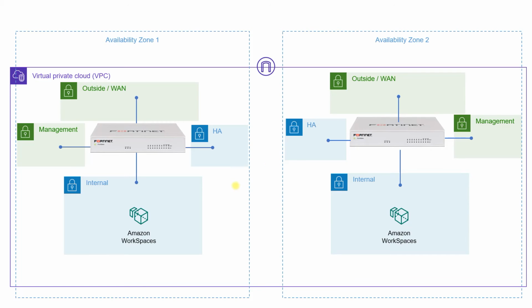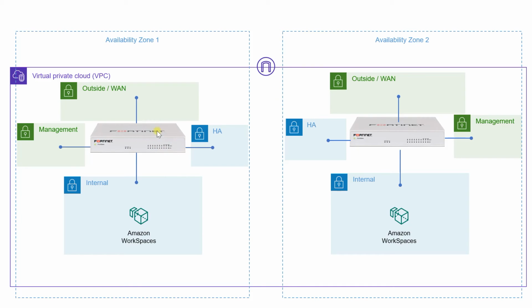Before testing that, I will tell you one more time how we are going to test it. Here I created Amazon WorkSpaces in internal subnets. From the internal subnets, we'll open this machine and try to ping google.com or any public IPs. It will pass through the primary firewall first.